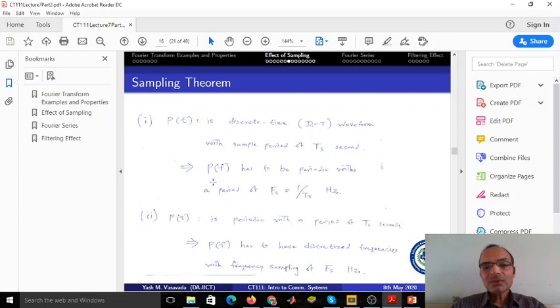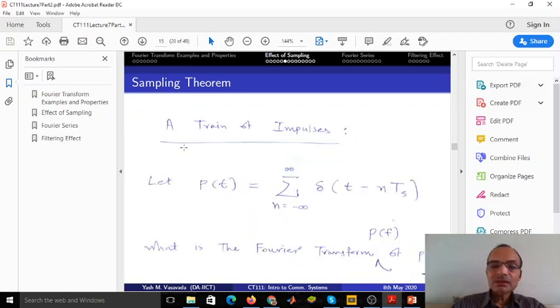And so now we are thinking of this p of t in two different ways. One is that it is continuous in time but with a periodicity of T s seconds, and the other is that it is discretized in time with a sample duration of T s.